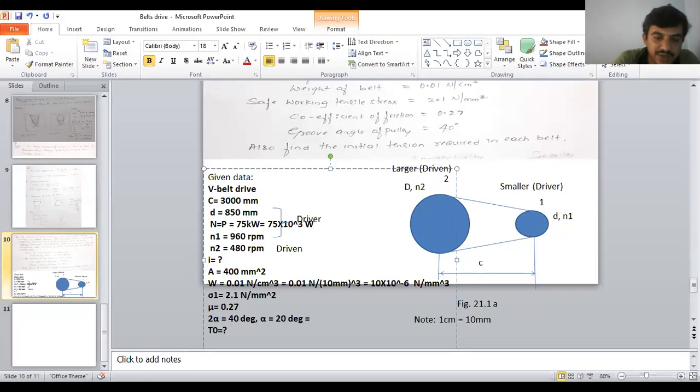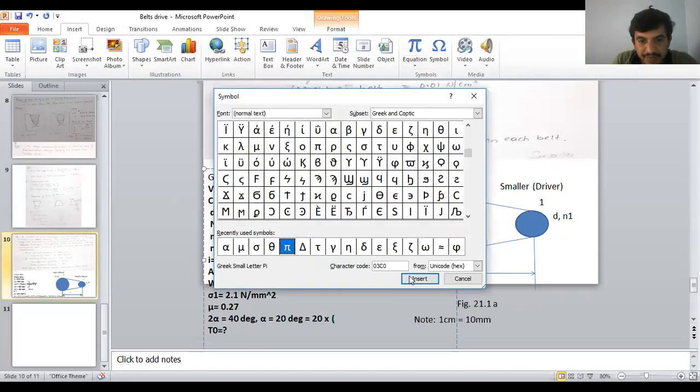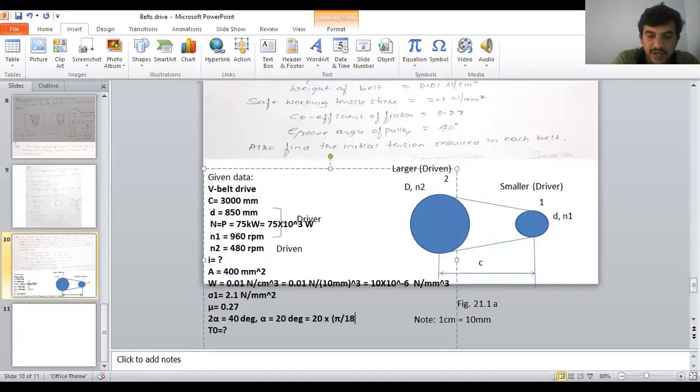Now convert degree into radian. 20 degree into pi by 180. Am I right?